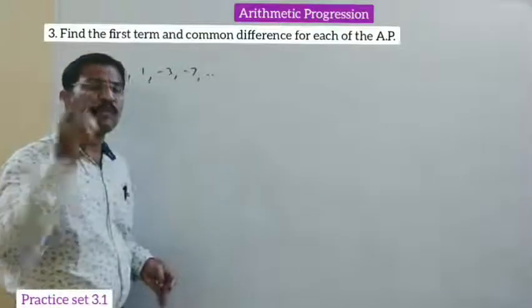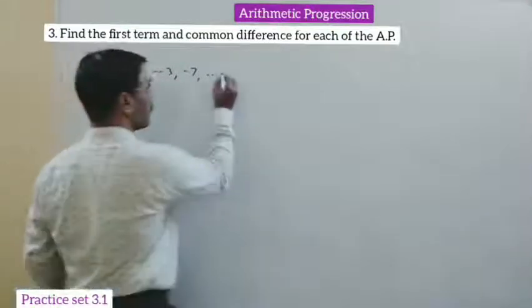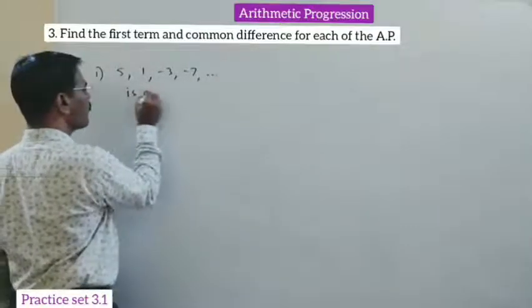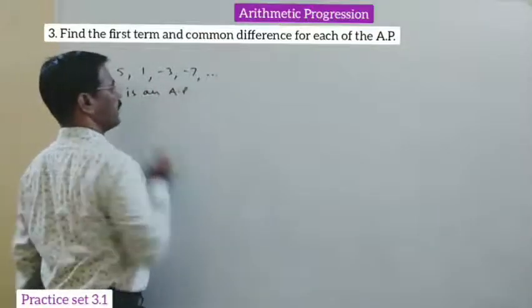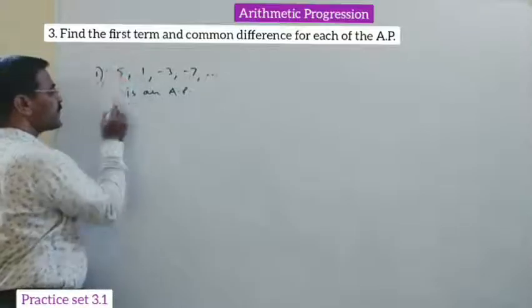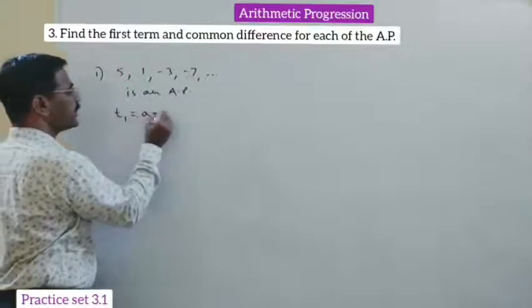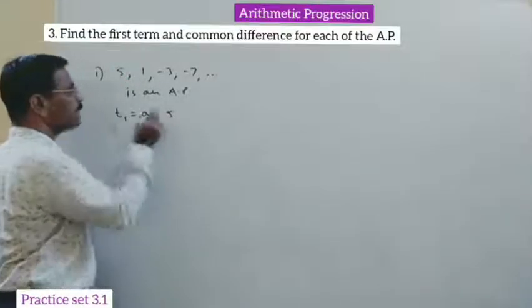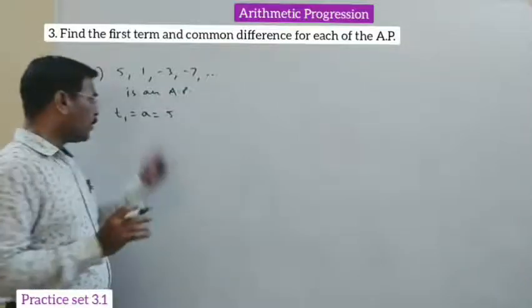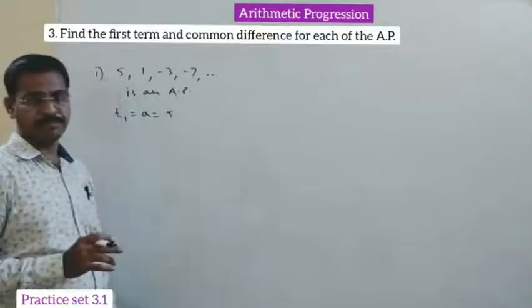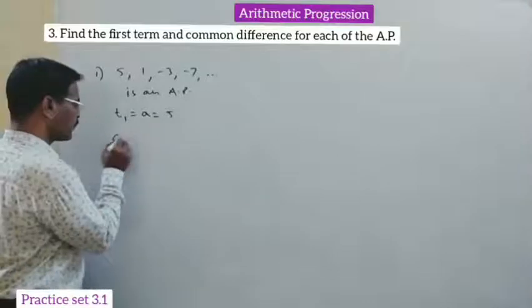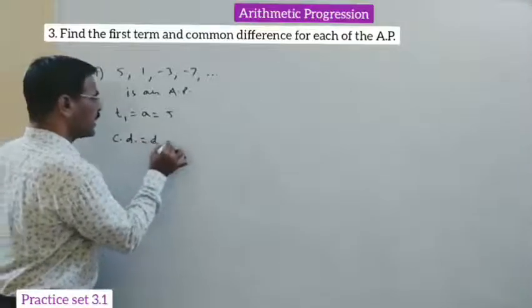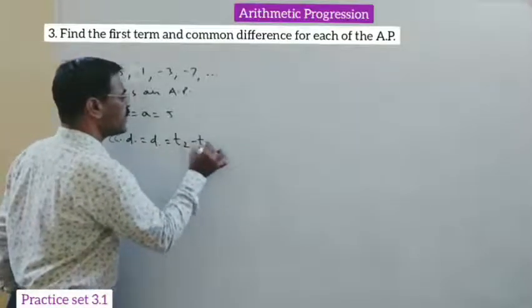Friends, it is already given to us as an AP. See, the first term is A, which is 5. Now the common difference, which is D, you can say is T2 minus T1.